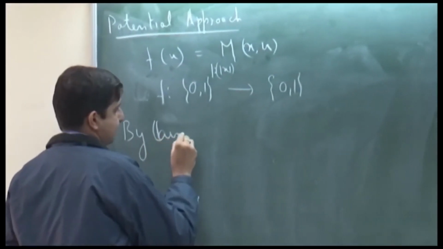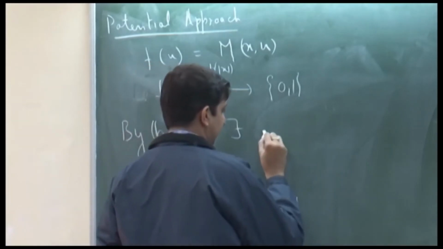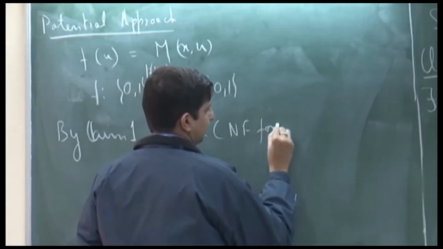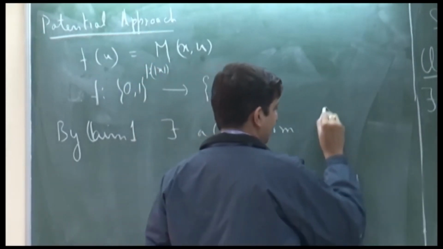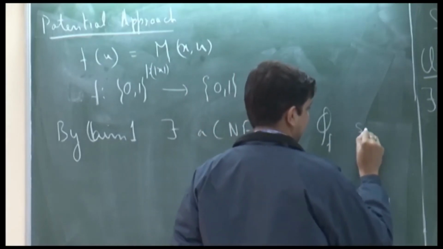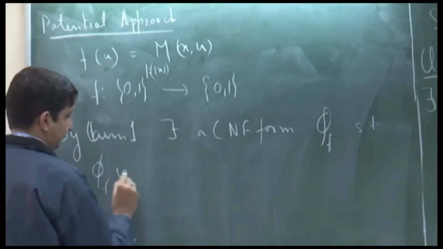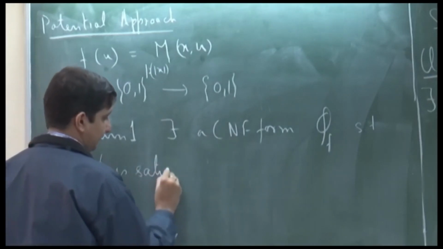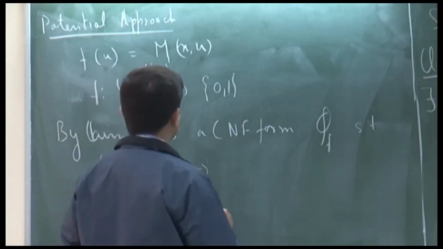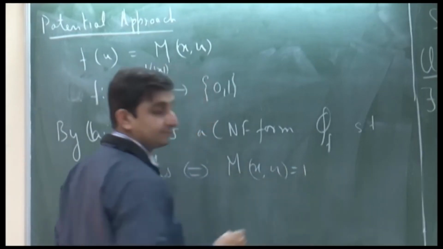So, by claim 1, there exists a CNF formula phi of f such that phi of f is satisfiable if and only if m of x u is equal to 1.